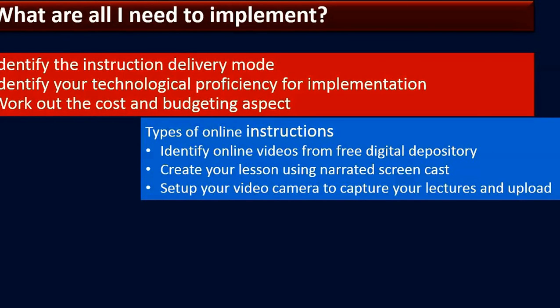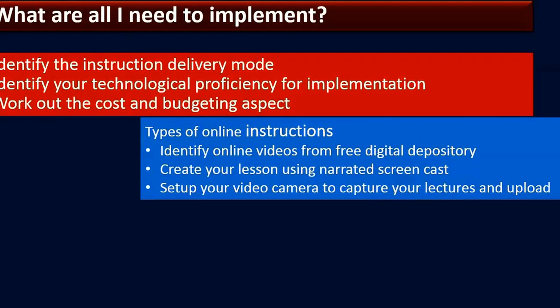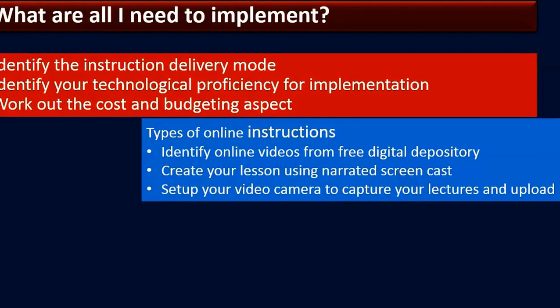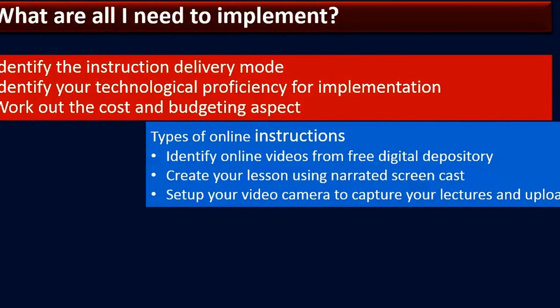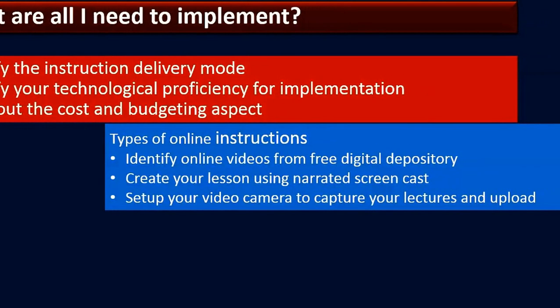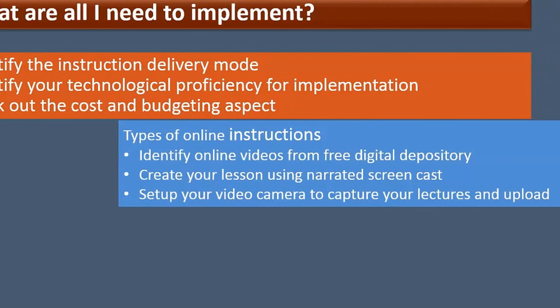So identify online videos from your digital repository which are free, or which you are going to record and give to the students. Create your lessons using narrated screens, use the different tools available, or set up video cameras and record your own lectures.